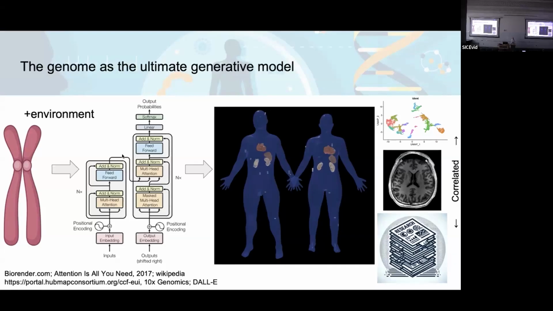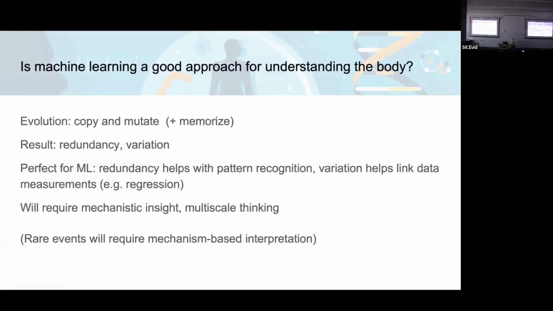There's a little bit more to it than that, but that self-supervision type of technology is very powerful. And so maybe we can use it to automatically learn how the body works or how a biological system works. So is machine learning a good approach for understanding the body? We argue that it is, because fundamentally the process that generates these systems is evolution, and evolution fundamentally also has two processes, copying and mutation.